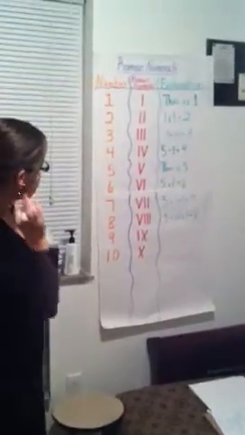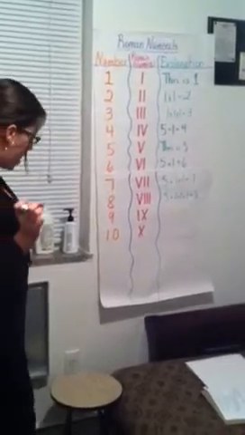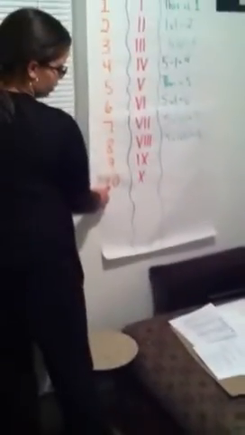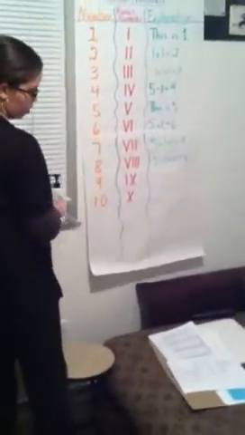Now, what do you think they did for 9? How do they come up with that symbol for 9? Now let's skip for a second. 10 equals X. Okay, go ahead.